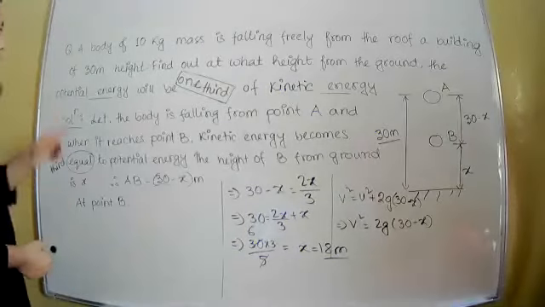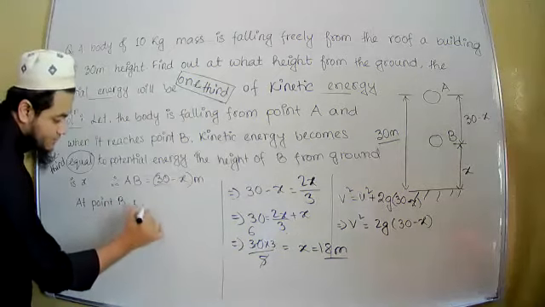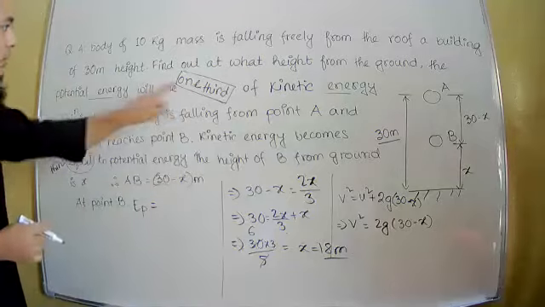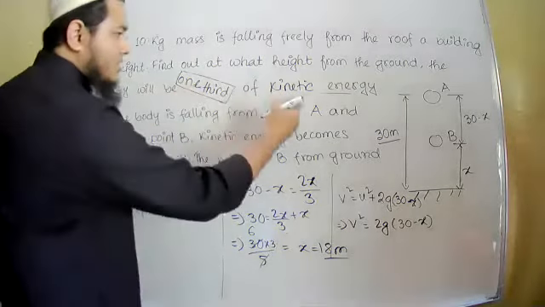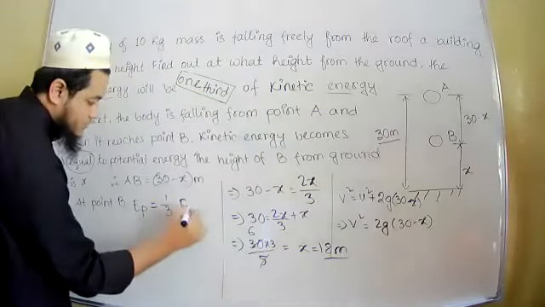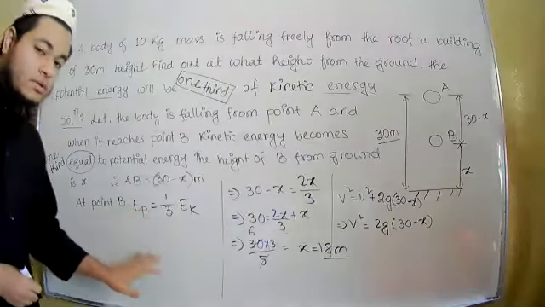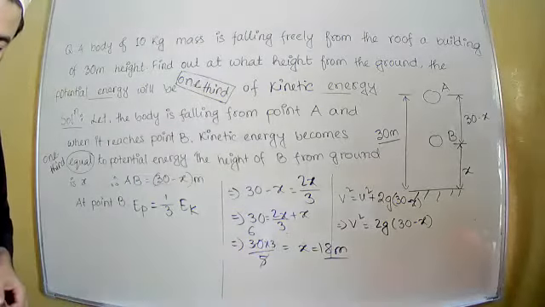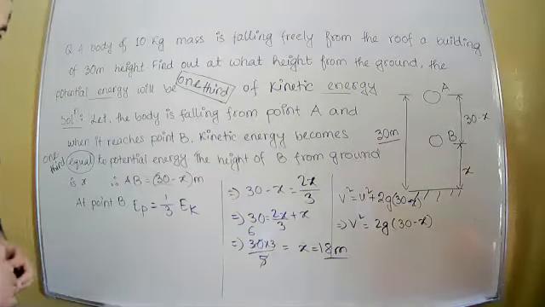First we have potential energy, so write EP will be, means equal to 1/3, means 1/3 of what? Kinetic energy, so EK. There you go. I think the rest of the calculation you can do yourself, inshallah. Can you do it? Yes, sir, we can do it.